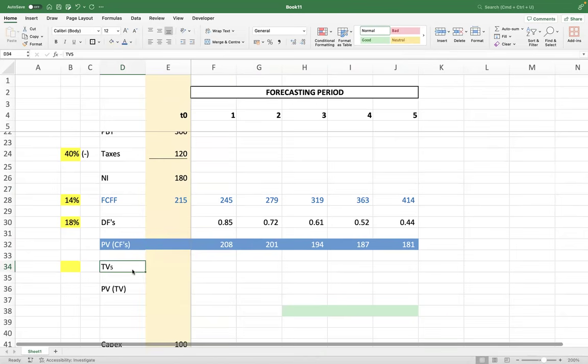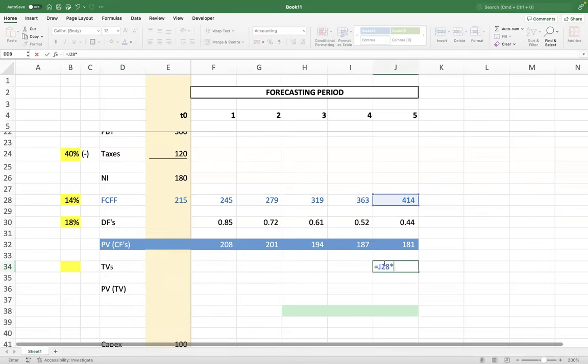Now, you know that with Gordon's constant growth model, if I take V1, I have FCFF. If I take V0, it's FCFF1. So if I have to find out the value of the 5th year, I have to take FCFF of 6th year. So that is going to be free cash flow of the 5th year into 1 plus your terminal growth rate.